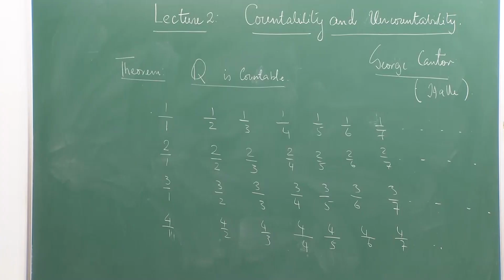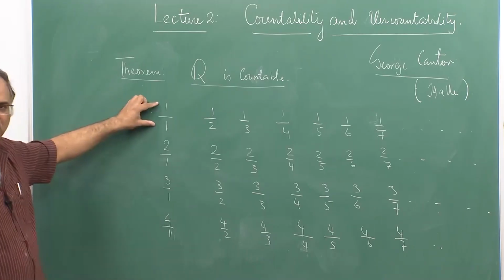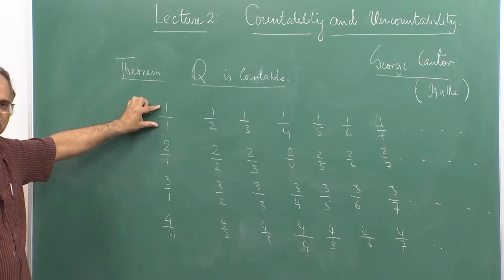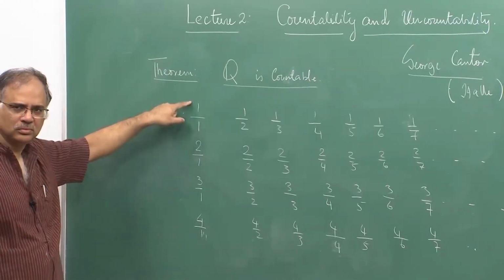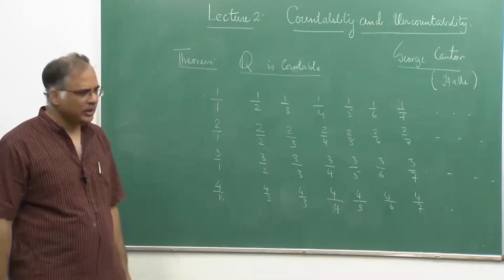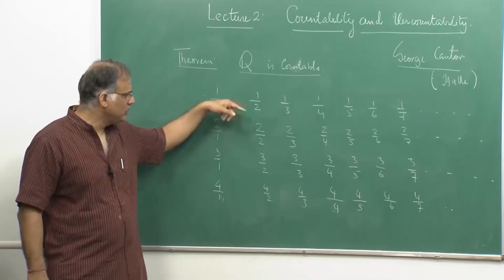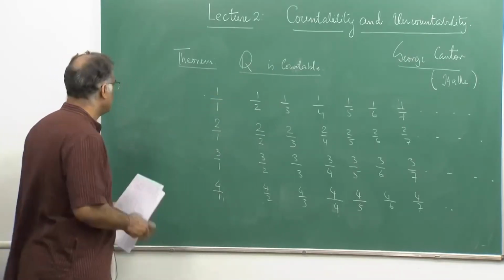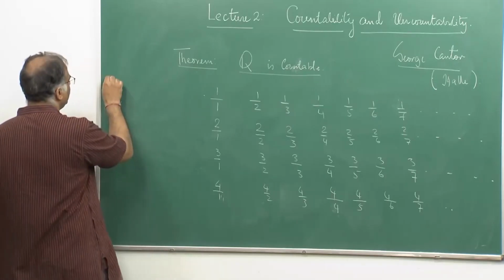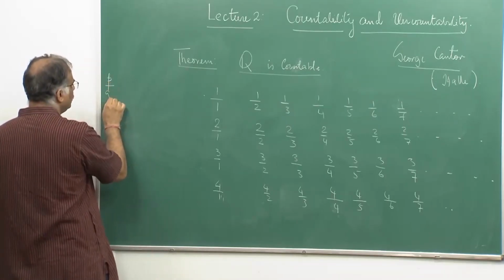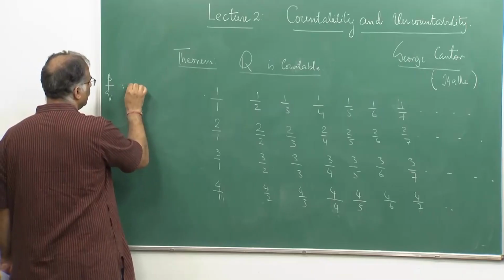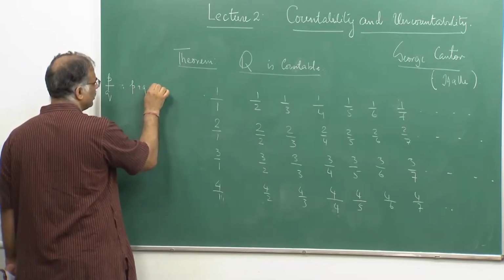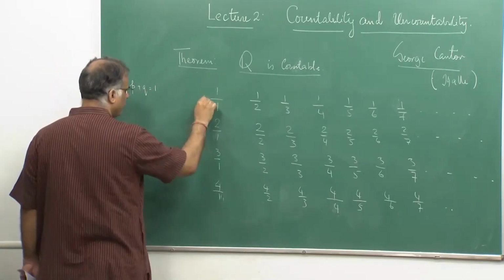So let me take the first number, P by Q. You sum these two. 1 plus 1 is 2. Are there any P by Qs where the sum P plus Q is 1? No. So you first start with this scenario. P by Q with P plus Q equal to 2 is this one. So start from here.